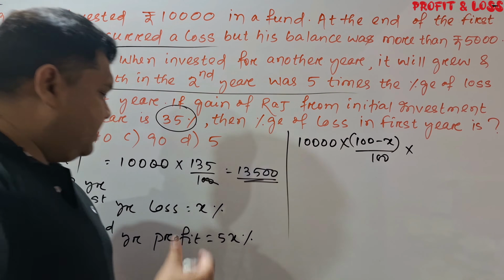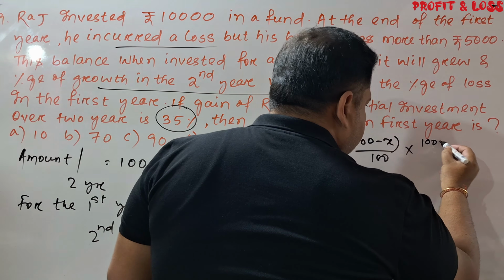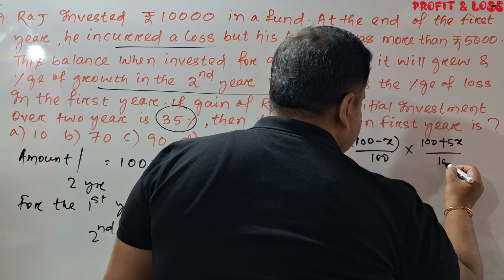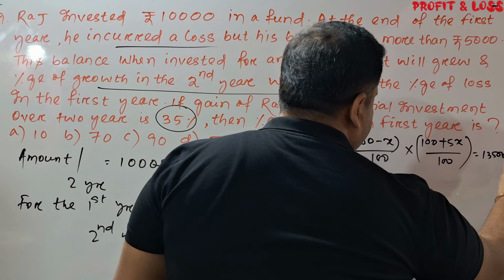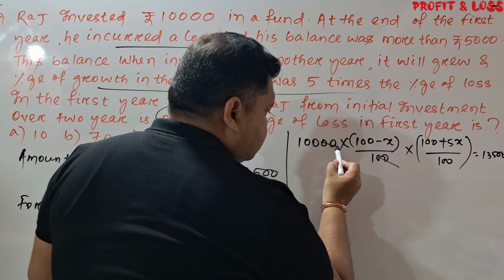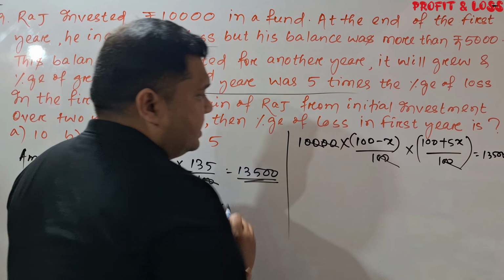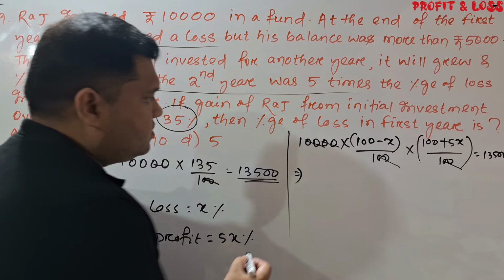And profit 5x% means 100 plus 5x, divided by 100. That is equal to 13,500. The simplification only. The double zero gets cancelled. This 20 gets cancelled. So on the left hand side I can write 100 into 100, 10,000.